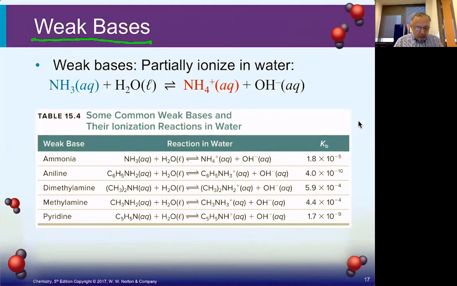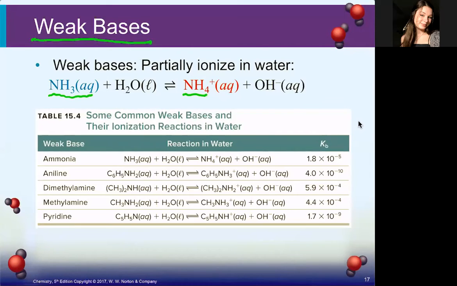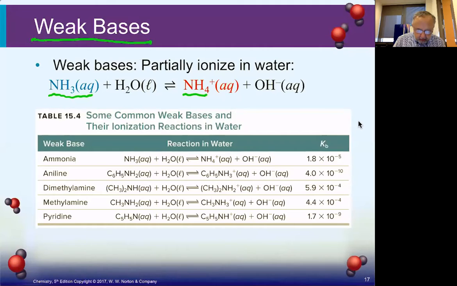So this is a weak base, and this is the weak base dissociation. Again, a weak base is going to accept a proton. So NH3, by accepting a hydrogen, is going to go to NH4, but it's not a hydrogen that it accepts. It accepts a hydrogen with a positive charge. So once it takes a hydrogen with a positive charge, it's going to have a positive charge. So it's NH4 plus. So these are conjugate acids and bases.